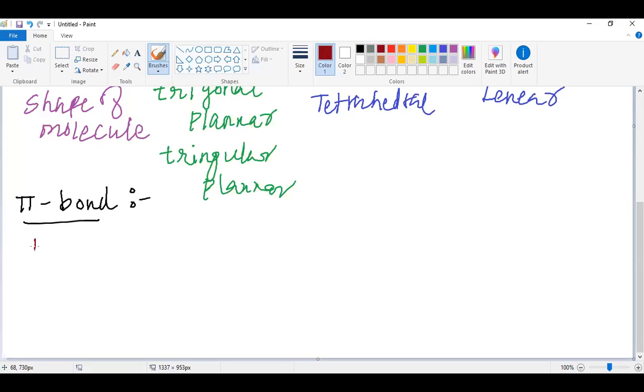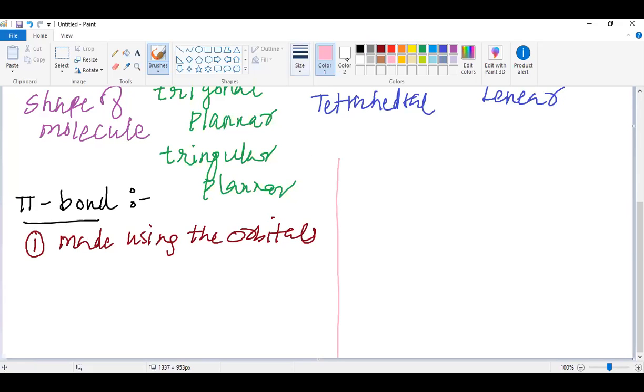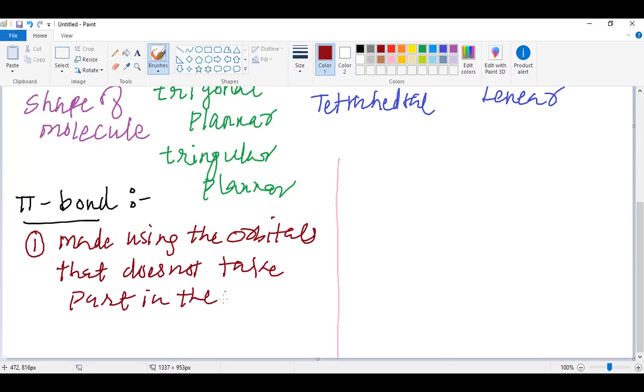The first characteristic of a pi bond is that it is made using the orbitals that do not take part in the hybridization.